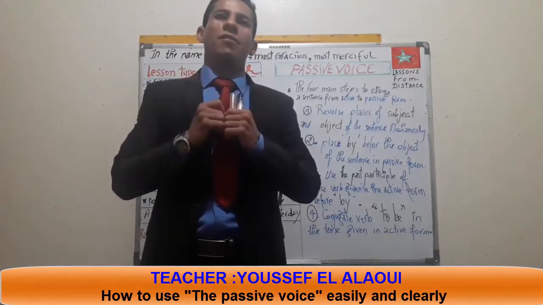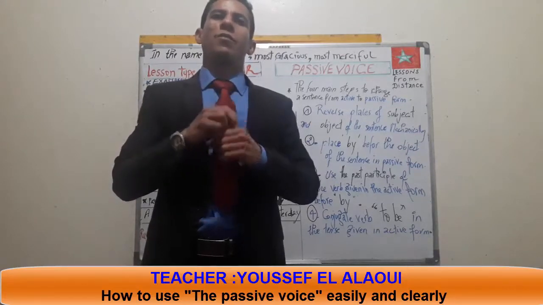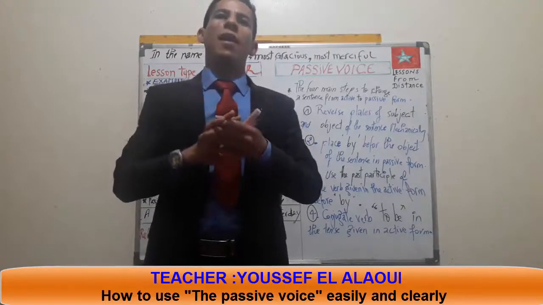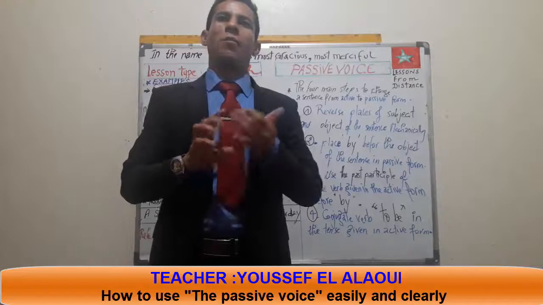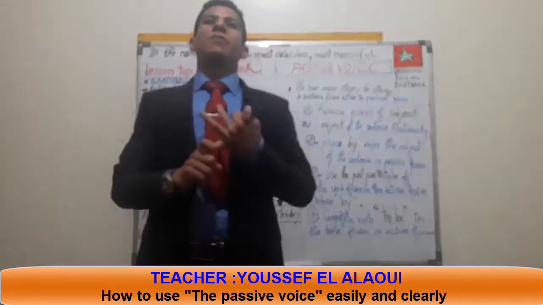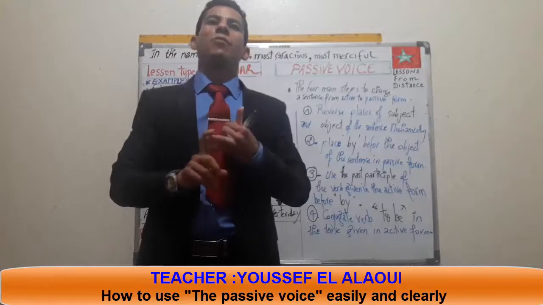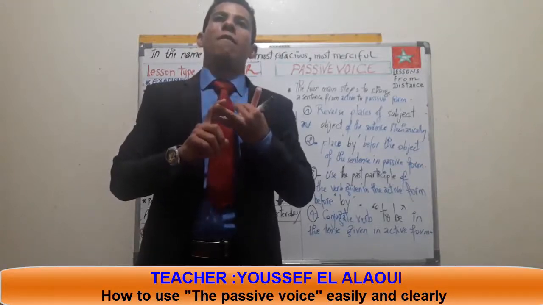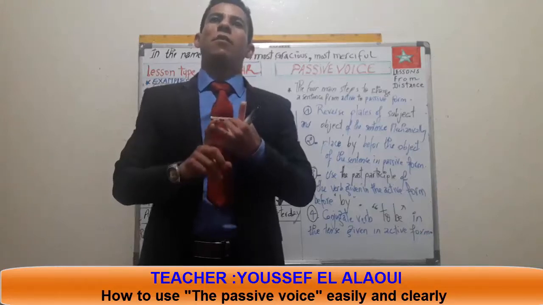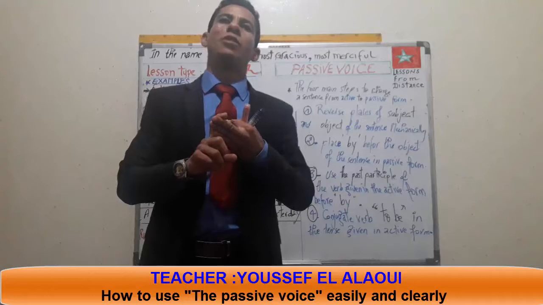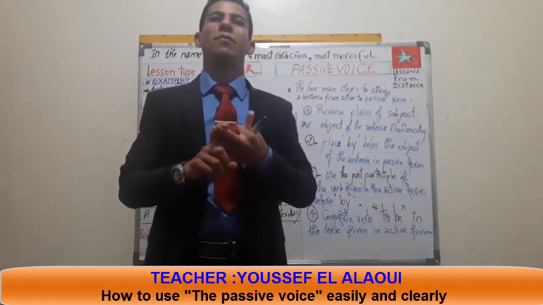If you can promise to memorize 4 elements. Number 1, the list of irregular verbs. Number 2, the form of tenses, all tenses. Number 3, subject and object pronouns.